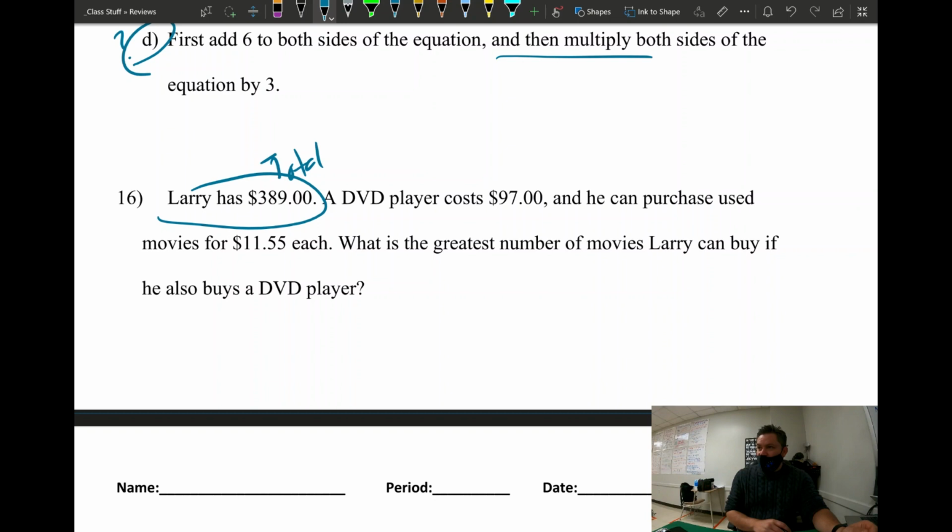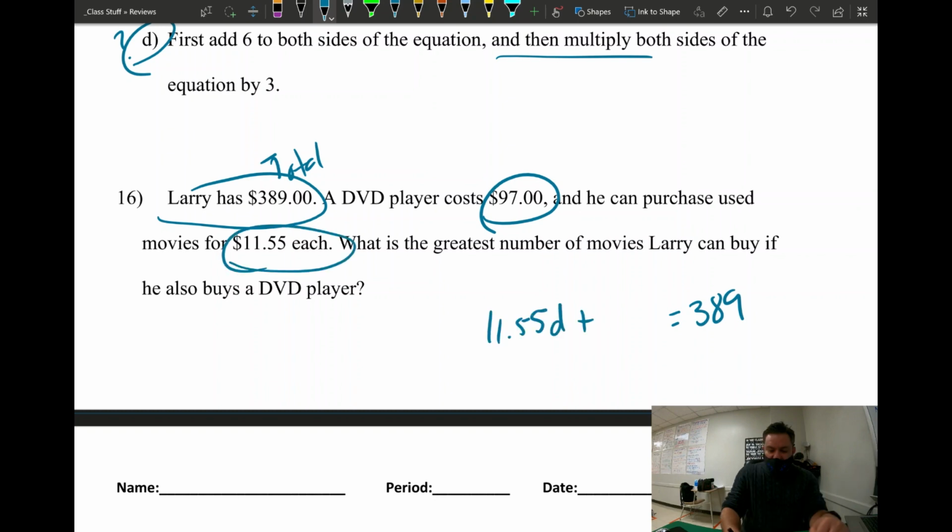And then with the leftover money, after he buys the DVD players, he's gonna buy some DVD movies, Blu-ray, whatever, okay? So the total is $389, plus it says $11.55 each per DVD. $11.55 per DVD plus the $97 is gonna have to be $389.